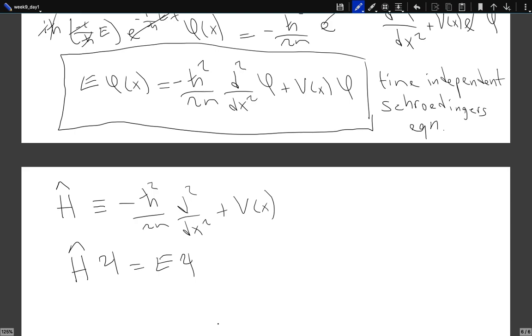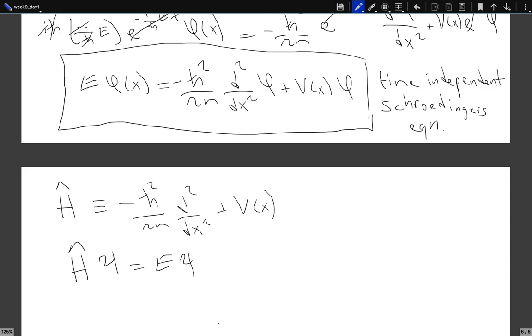I have a wave function. I change this wave function by acting on it with a so-called operator. What this operator does is it tells me to take the second derivative of this wave function, multiply it with this constant, and then add to it the wave function multiplied with V of x.